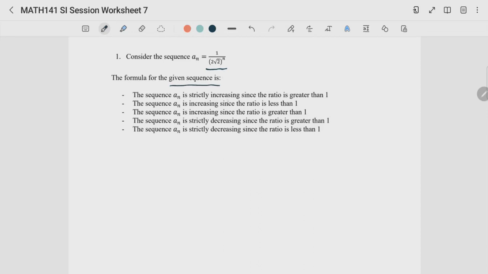Is the sequence a_n strictly increasing since the ratio is greater than 1, or the sequence increasing since the ratio is less than 1, or is the sequence increasing since the ratio is greater than 1, and so on and so forth. So basically what we are doing here, we are investigating whether or not the sequence is increasing or decreasing, right?